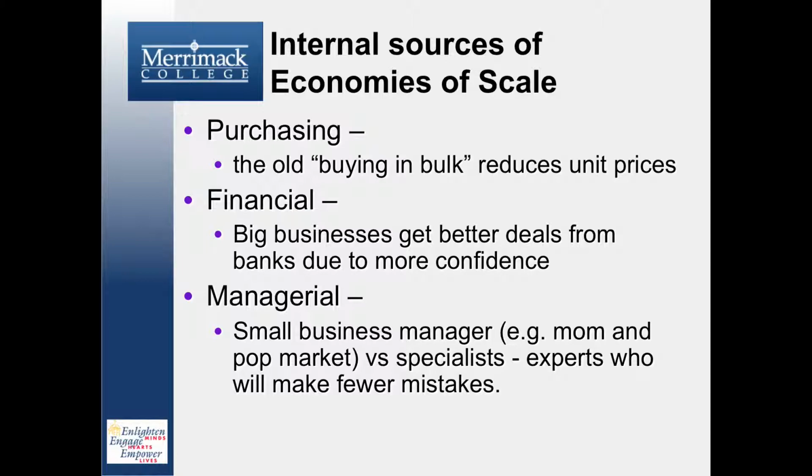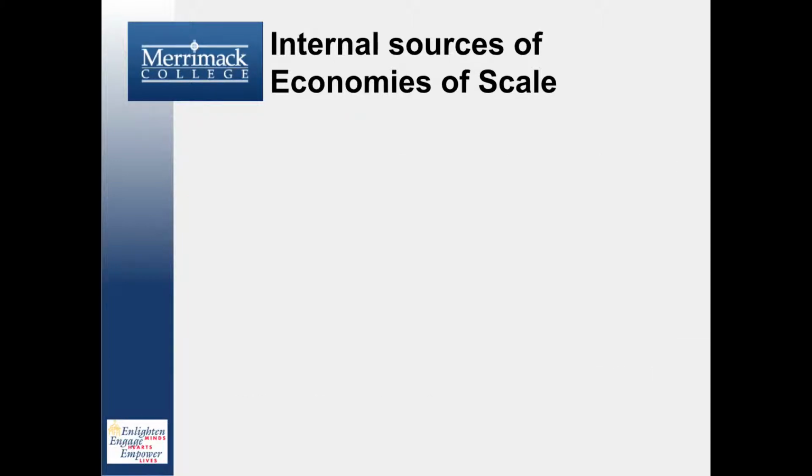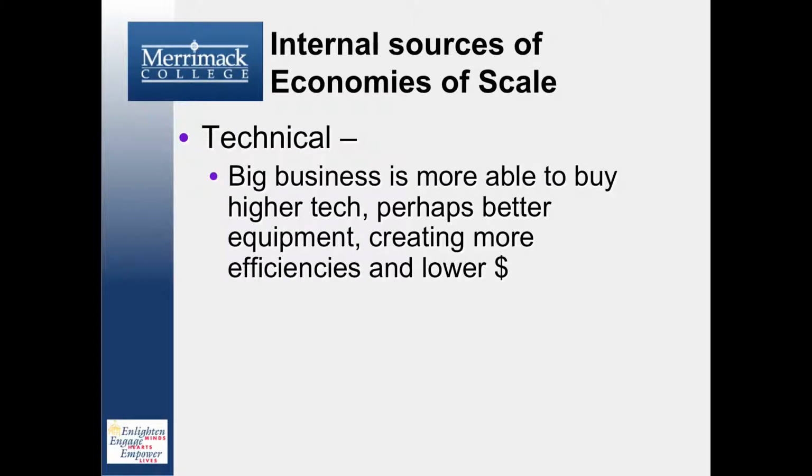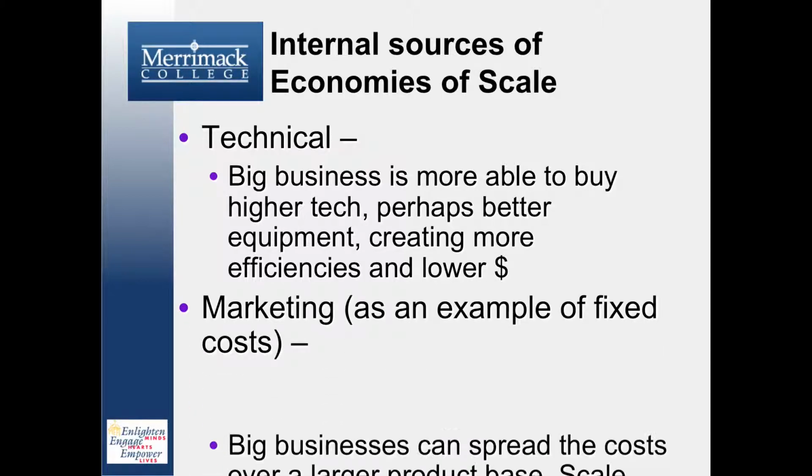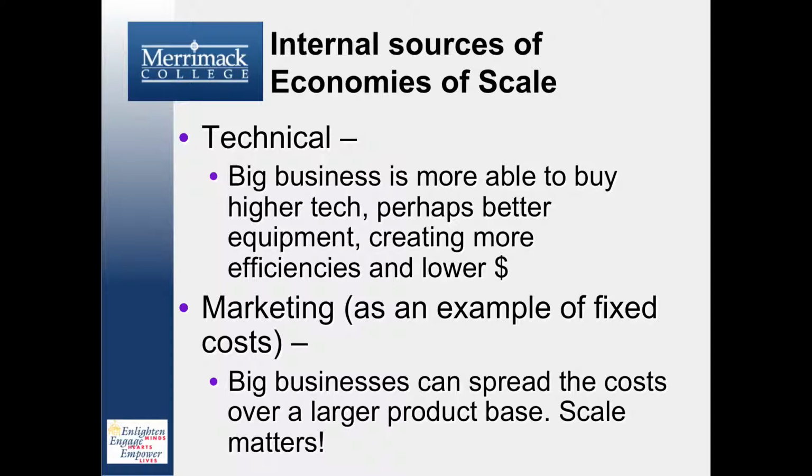So if you have experts doing your business, generally you'll have fewer mistakes, better operation. Not always, but generally. Technical things, big businesses are better able to buy higher tech. So better equipment, more efficiencies, lower costs. Marketing is better in big businesses. They can spread the costs around.